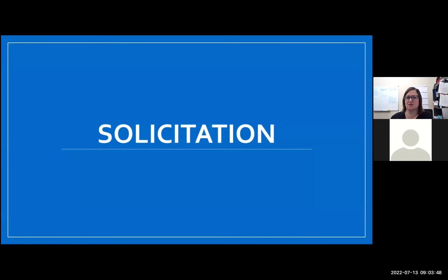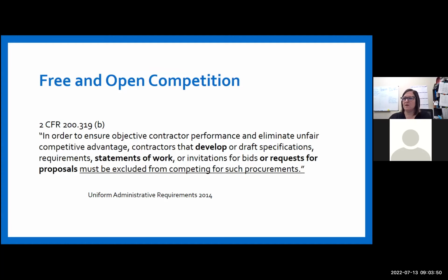So the solicitation. The purpose of the solicitation is to encourage free and open competition. And in order to ensure objective contractor performance and eliminate unfair competitive advantage, contractors that develop or draft specifications, requirements, statements of work, or invitations for bid or request for proposals must be excluded from competing for such procurements.